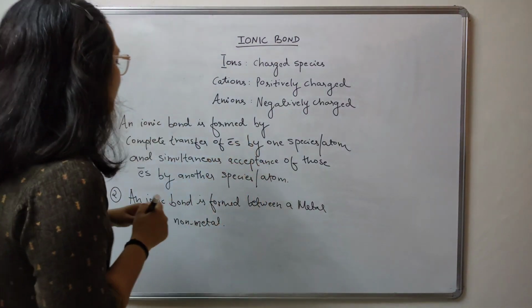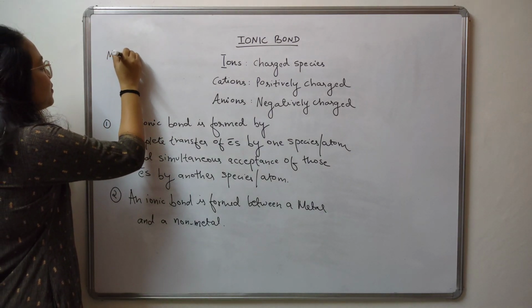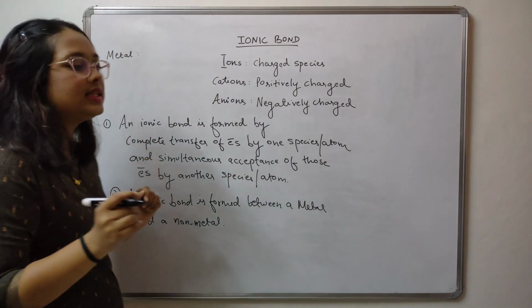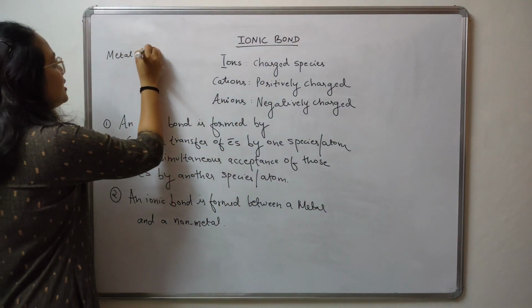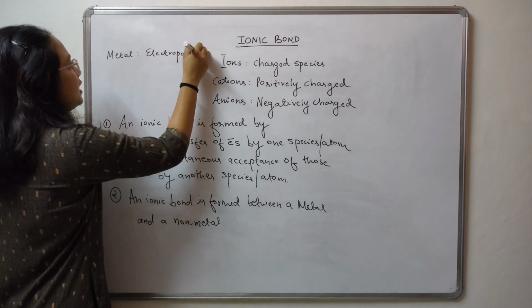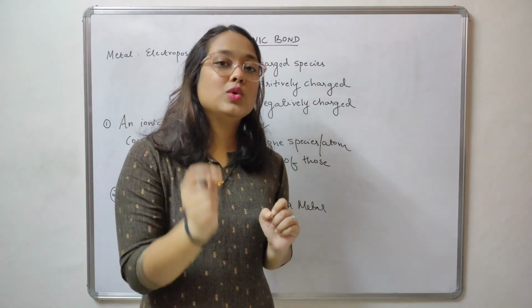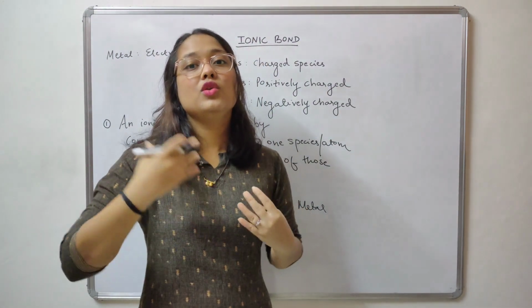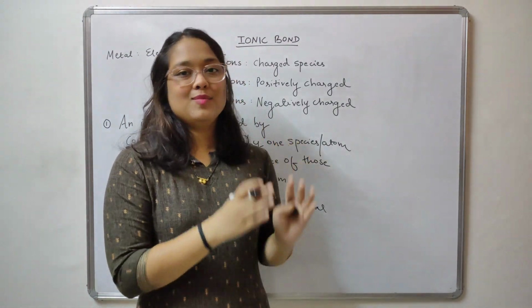Fine. Now there are a few more things that we have to understand. Whenever we talk about metals, metals are said to be electropositive in nature. What do you understand by the term electropositive? Electropositive elements are those which tend to donate their electrons, because metals are known to be happier when they carry a positive charge.